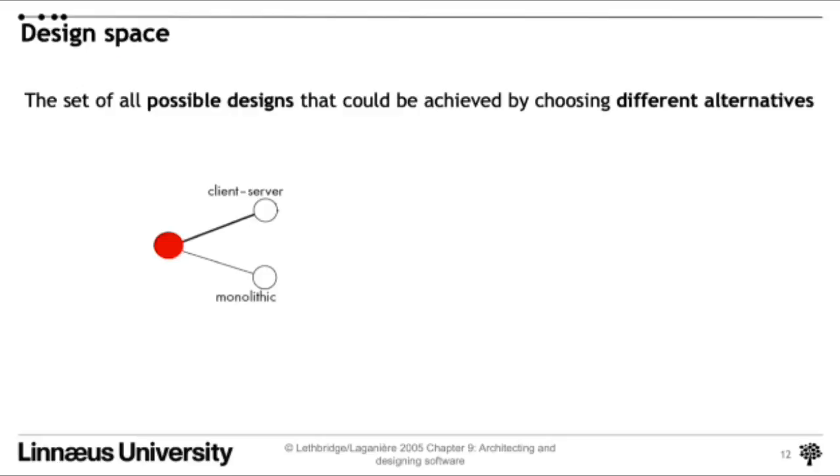Then let's suppose we make the first choice and say, okay, let's go for client-server, because client-server has good properties that we will discuss later. Once we have client-server, we pick this option because we think or we measure it's better than the monolithic one. Then we now face another choice.